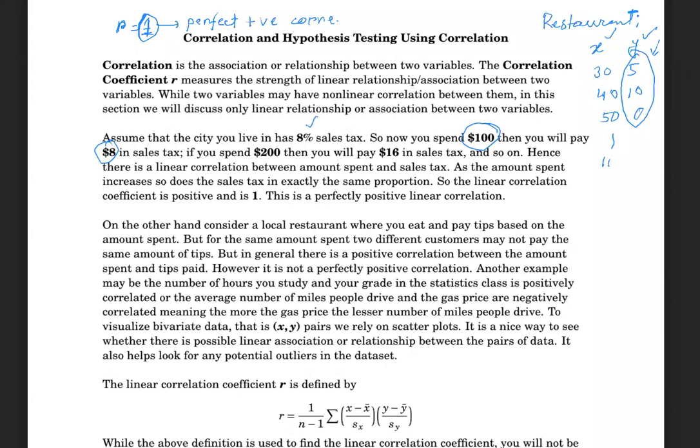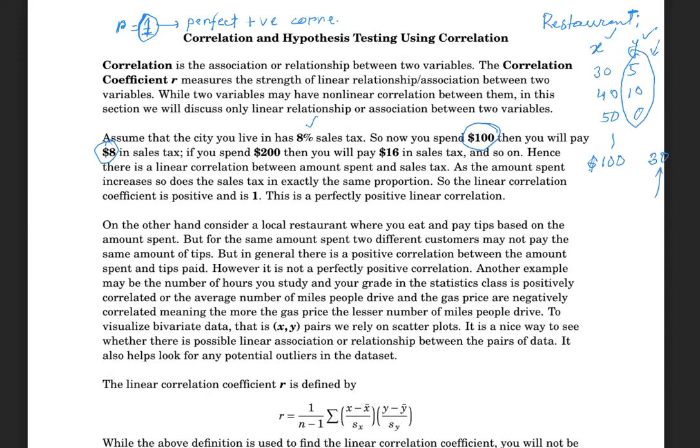On the other hand, if you go to a restaurant, you're expected to pay $15 if you spend $100, but you may say, oh, I don't feel like giving $15. I may pay $5, or I may pay $30 in tips. So that number is variable.